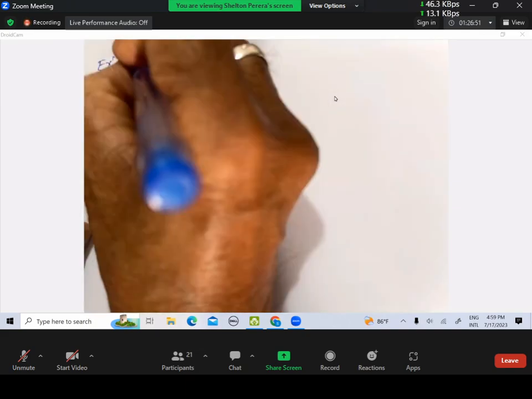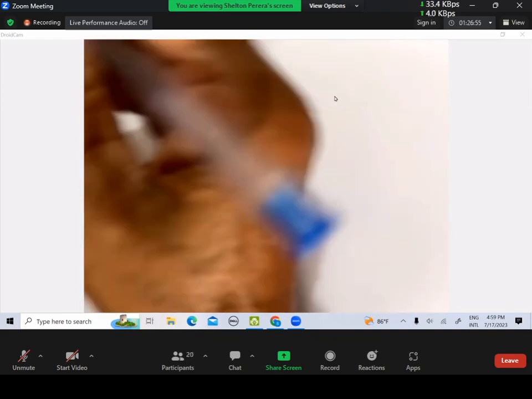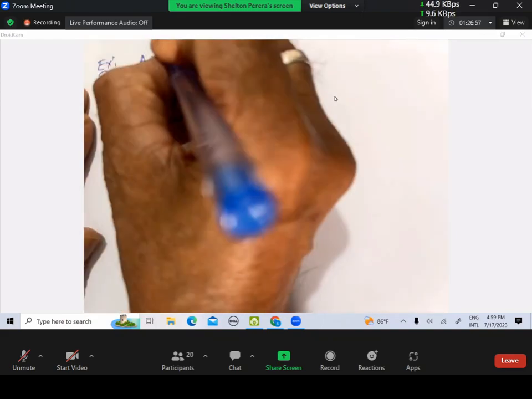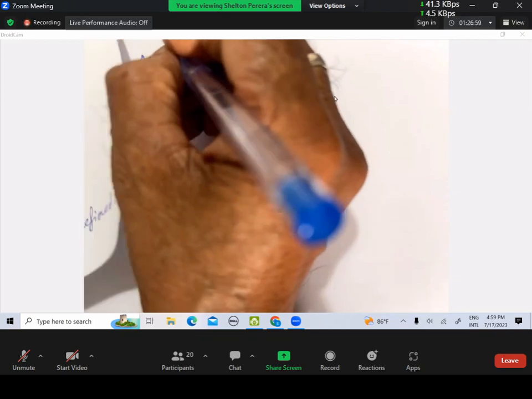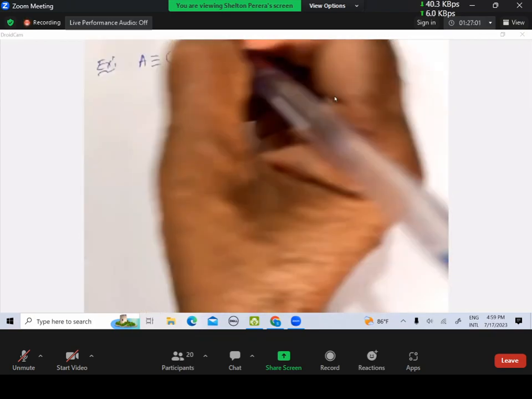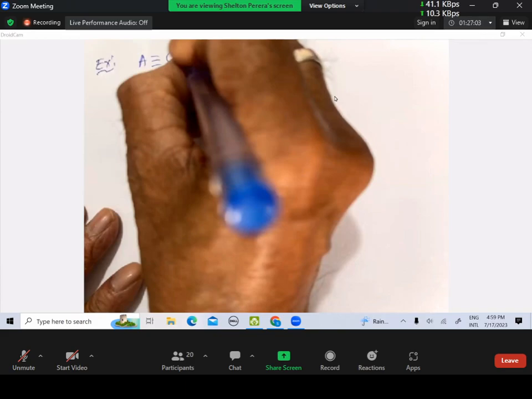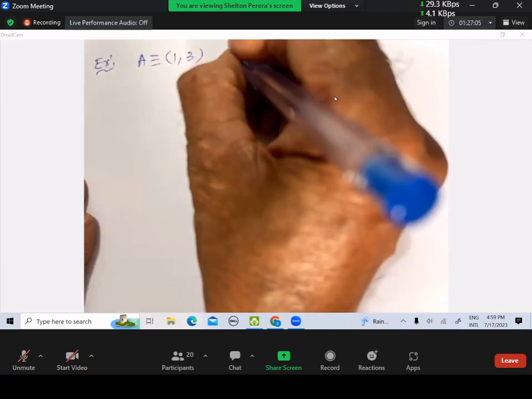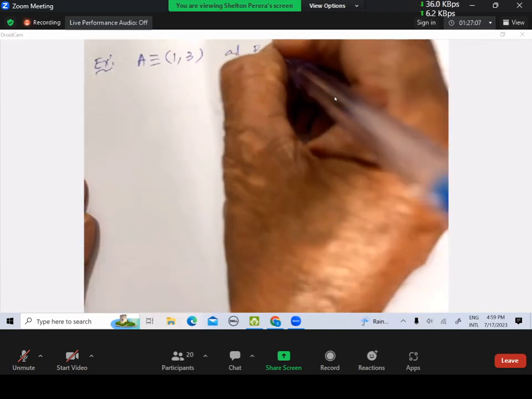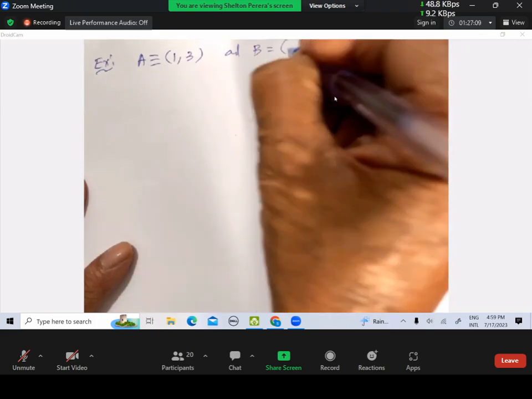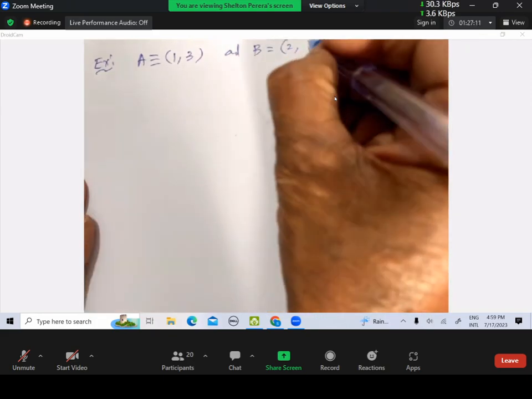Example: A equals (1, 3), and B is equal to (2, 7).